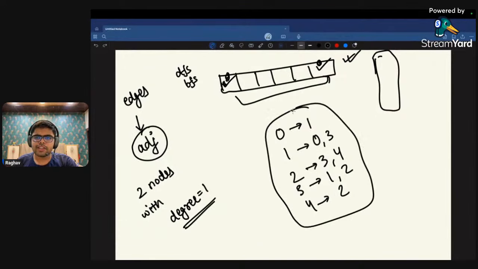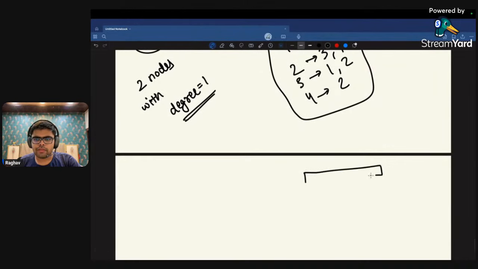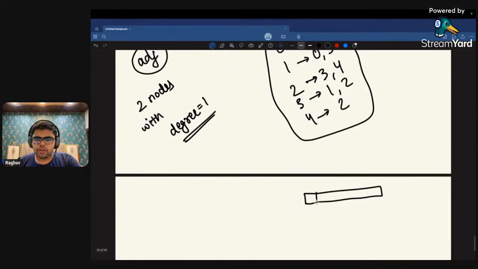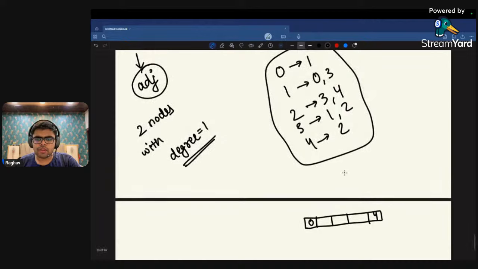So from the adjacency list, you already know that 0 will come up at one of the points and 4 will come at the other place.